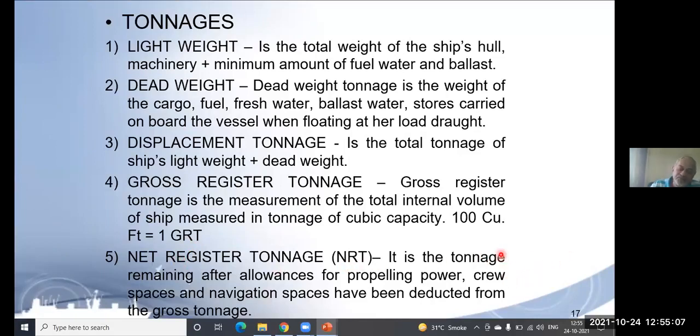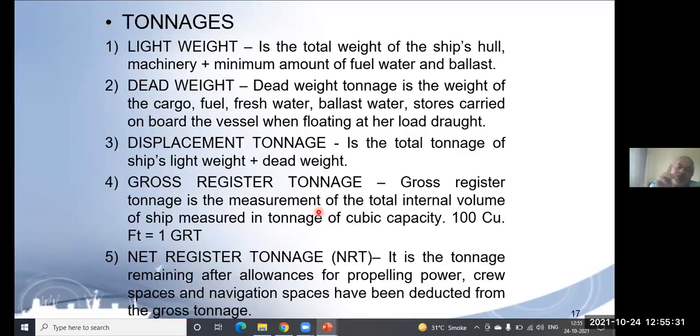Sir, can you please repeat GRT once again? GRT: you calculate the total internal volume of the ship, in cubic feet, and then you divide by 100.